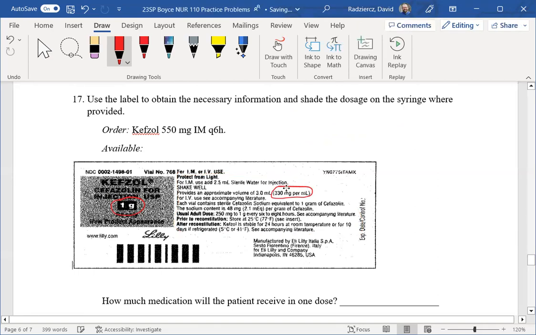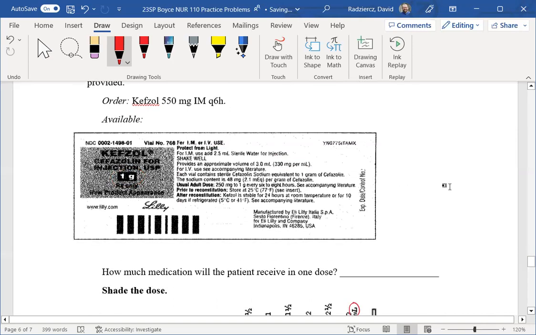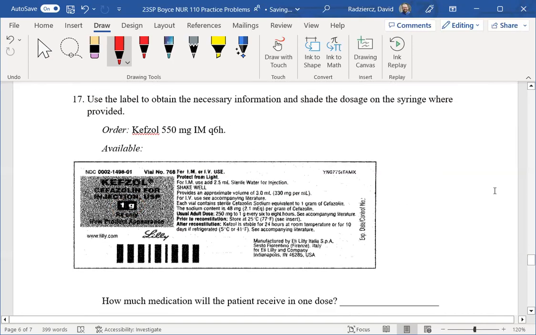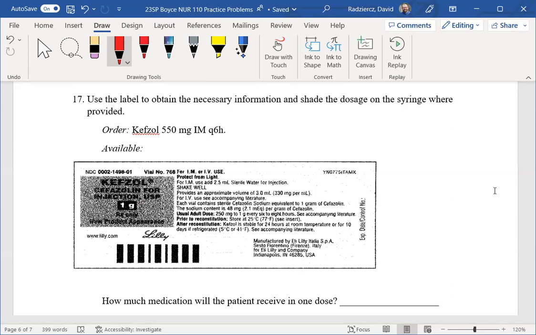Let me do this here. I already know the answer, and you already see some of my things circled. This is probably the thing that gets most students when they are taking this dosage calc test, this reconstitution problem. There are a couple of things to look out for to know that you're dealing with a reconstitution. First of all, what is a reconstitution?